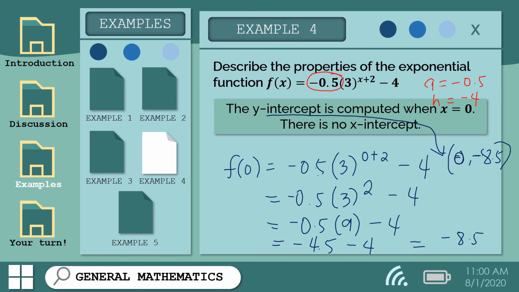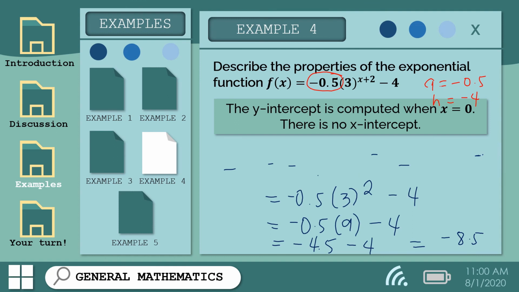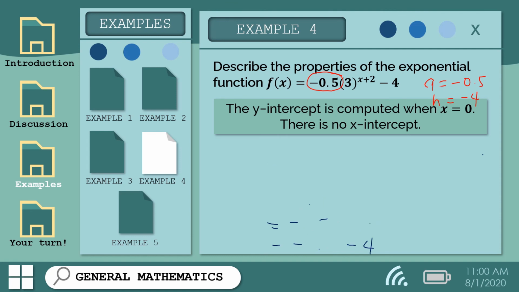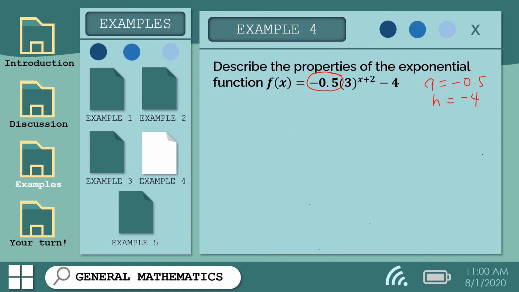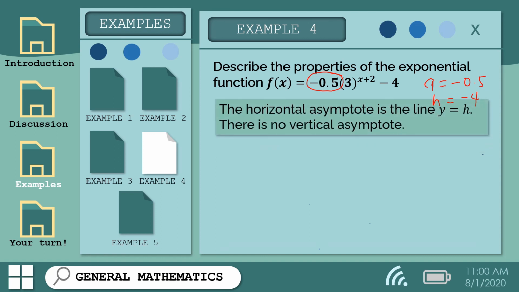So, what about our asymptotes? The horizontal asymptote is the line y is equal to h.